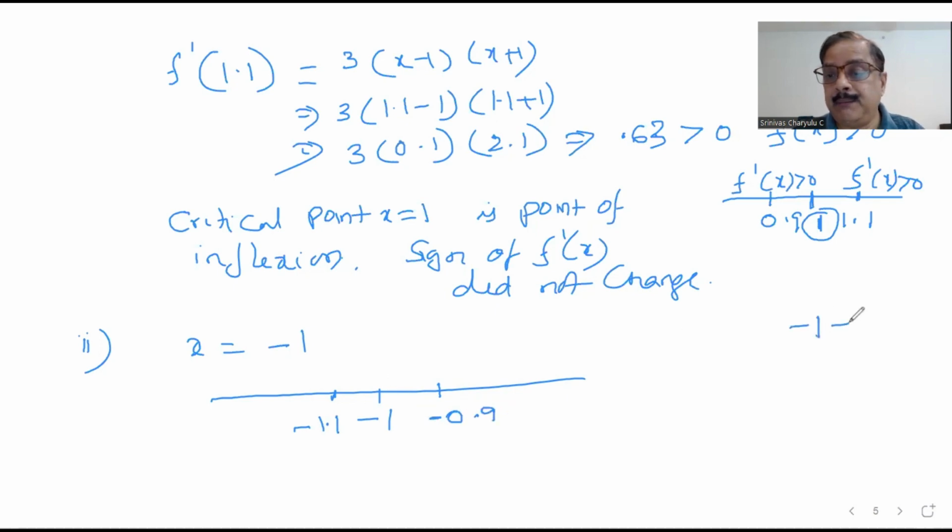What I'm doing is minus 1 plus 0.1 and minus 1 minus 0.1, just a 0.1 separation I have taken. Minus 1 minus 0.1 will become minus 1.1. Minus 1 plus 0.1 will become minus 0.9.